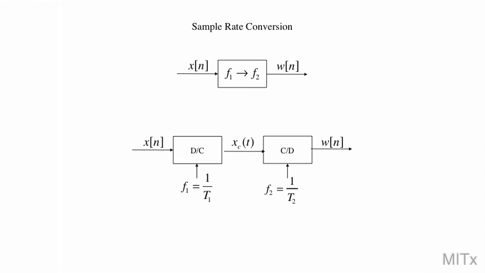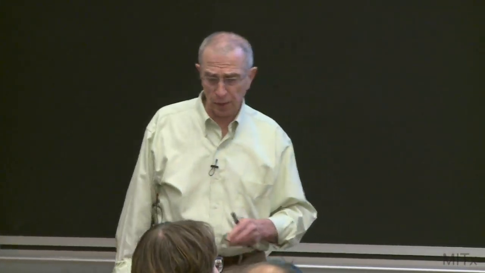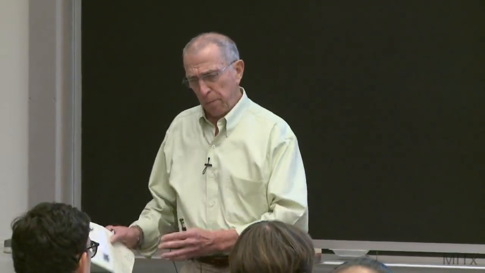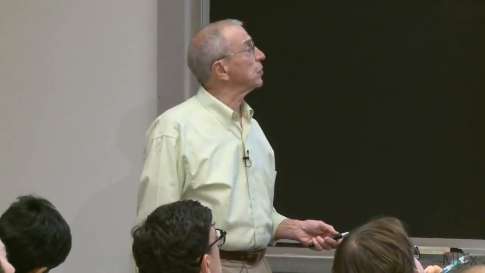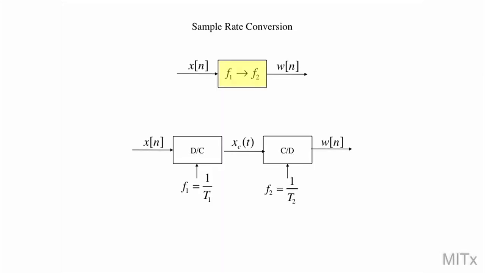And one obvious way of doing sample rate conversion is by taking the data and going through a D to C converter and then resampling at the new rate. The main point of today's lecture, actually there are two main points. One has to do with how you would do this directly in the discrete time domain.